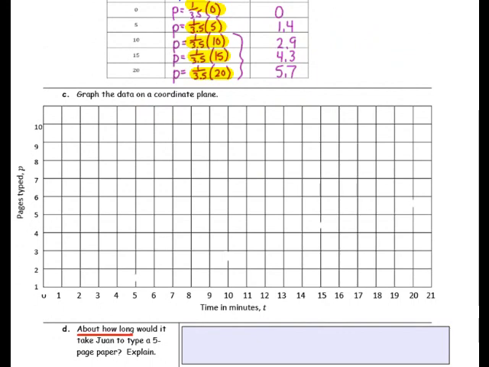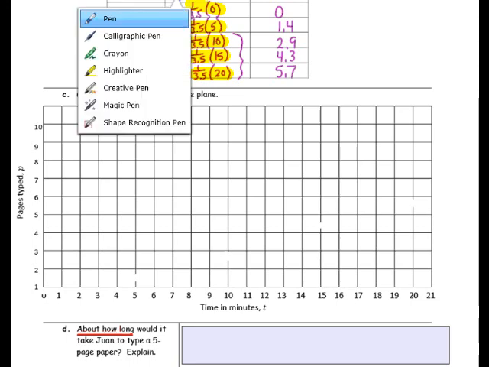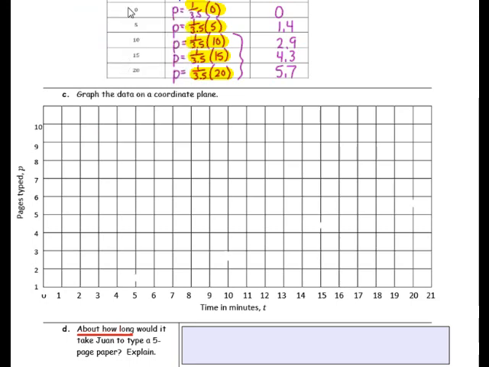Next, graph the data on the coordinate plane. To graph the data, use your ordered pairs. Our first ordered pair is 0, 0. Your graph, the line of 0 here, it looks like it has been edited and removed. So that point 0, 0 is not actually on the graph. Be careful graphing that data.